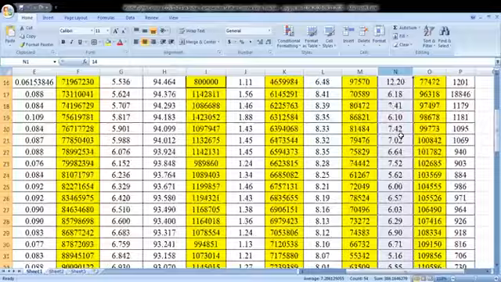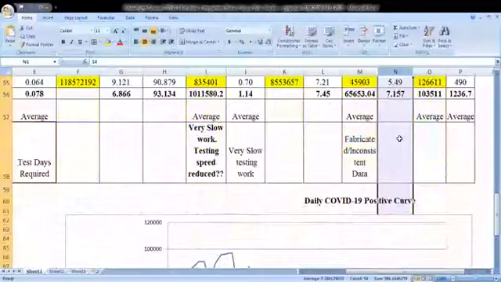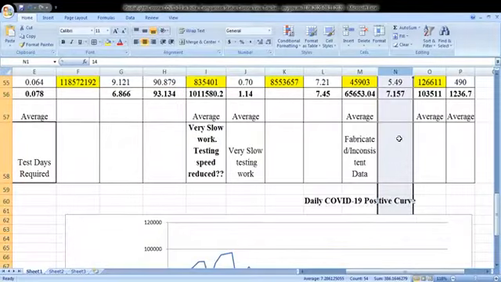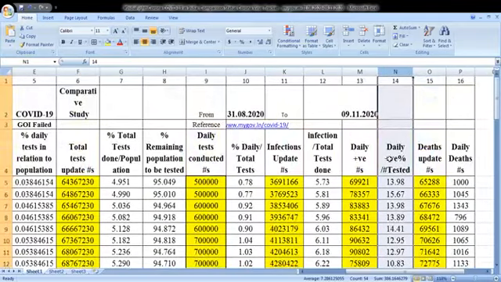There's no consistency anywhere in this data, as if there is no one to check, no one to cross-check, no one to analyze. It seems that no analytical mind is working in the government of our country. It's a very, very serious issue. At least as a citizen, I cannot take it for granted.